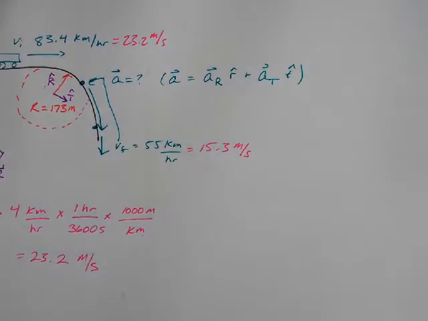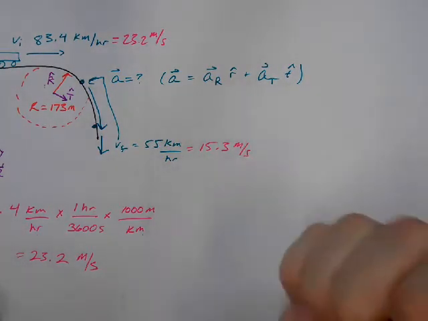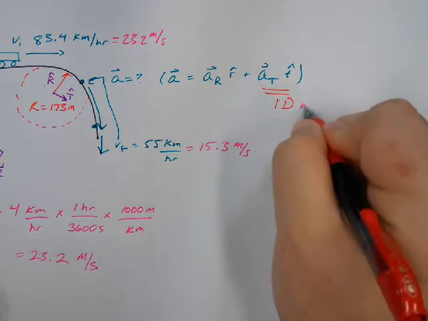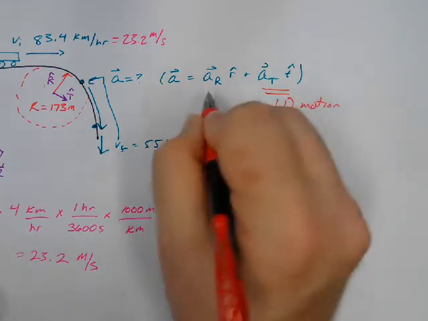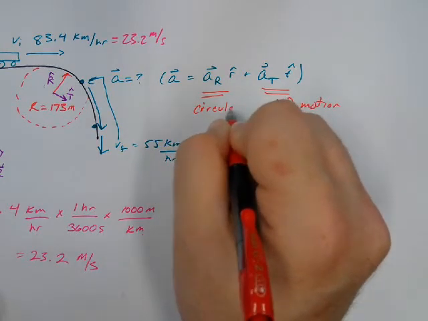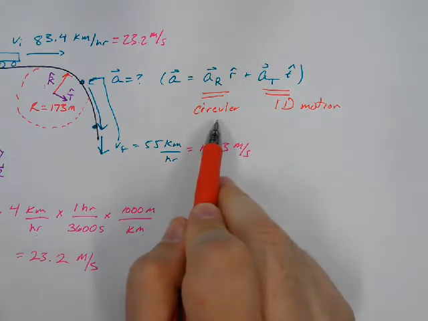Now, the tangential acceleration we can do as if everything was in a nice straight line. All right, we can treat this as the stuff that is 1D motion. And this is the stuff that's circular motion. All right, this is the part that makes the thing turn, so it's in the circular motion.